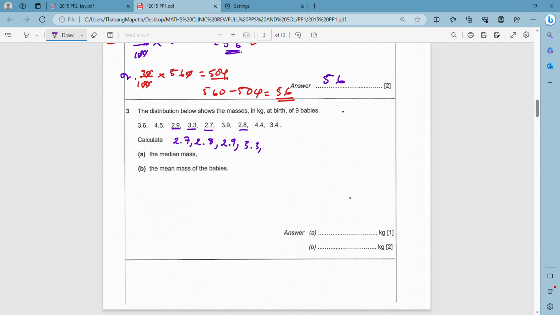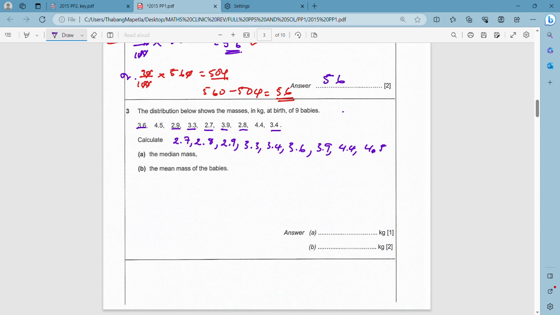After 3.3, 3.4 is here. Next 3.5 is not there, 3.6, 3.7 and 3.8 are not there, 3.9 is there, then 4.4, and then next 4.5.